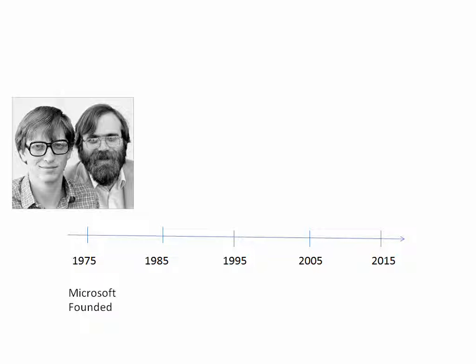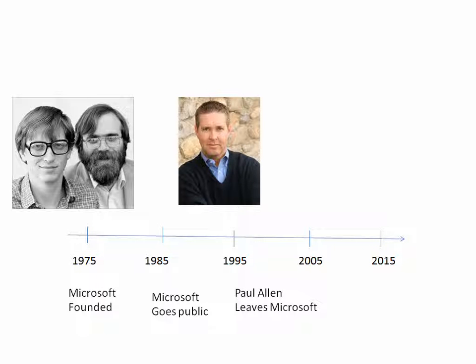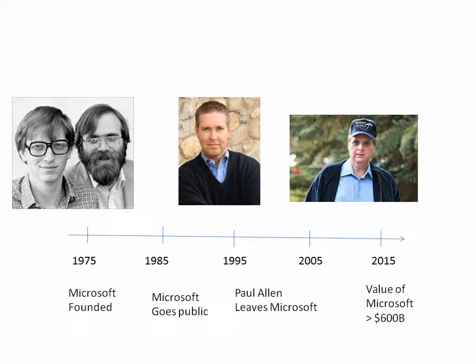That shows a picture of Paul Allen in the year 1975. I'm going to click again. Now Microsoft goes public, 1985. And then Paul Allen leaves Microsoft. And then the value of Microsoft. And here's Paul Allen here. So that's my animation.